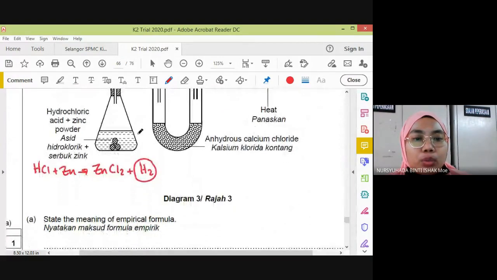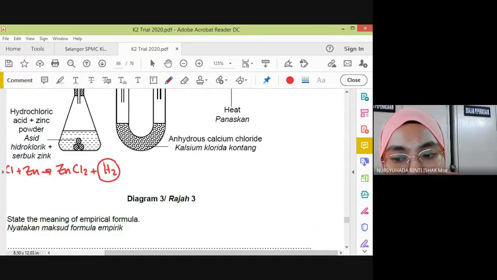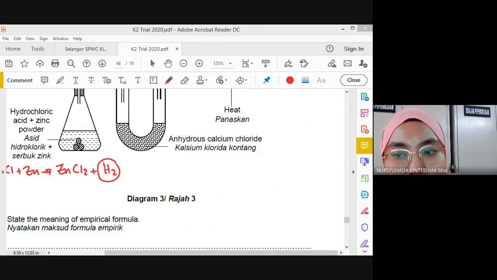Macam mana kamu tahu? Reactivity series of metal. Yes, very good, Elvin. Kita follow reactivity series of metal. Okay, reactivity series of metal kamu kena hafal.